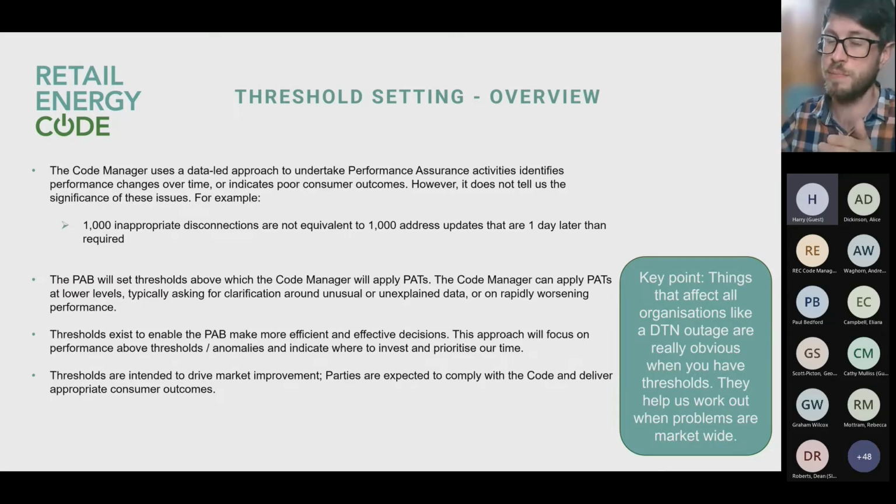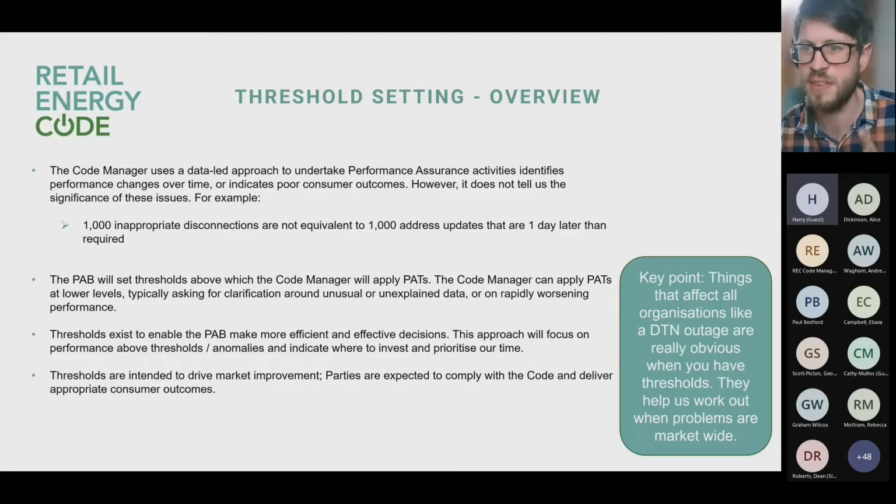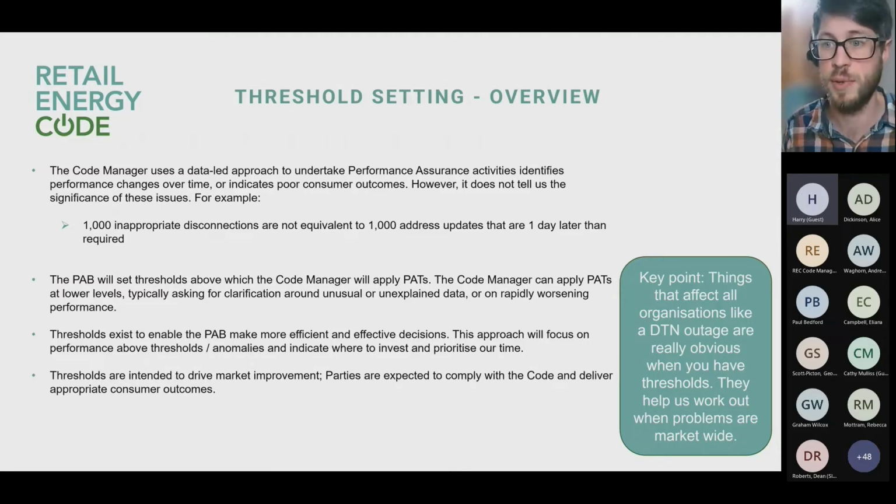Given we have lots of metrics, in the example I gave, we all know which one of those is most important, but it can't be based on that. It can't be subjective. So we need some ways of picking the priorities and thinking about where to focus our time, and that's the purpose of the thresholds.